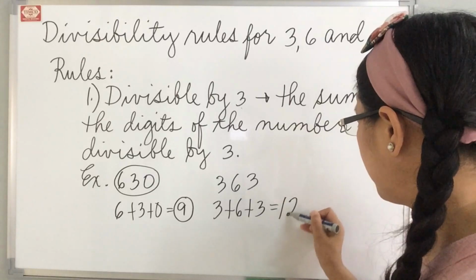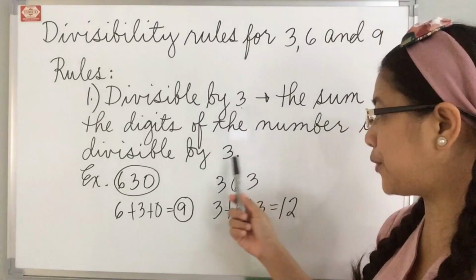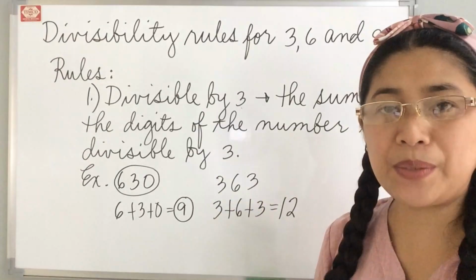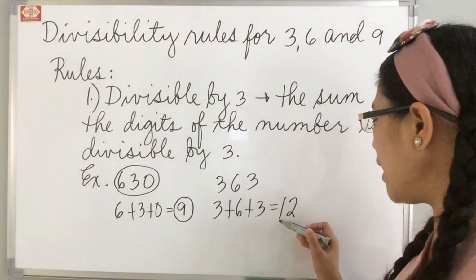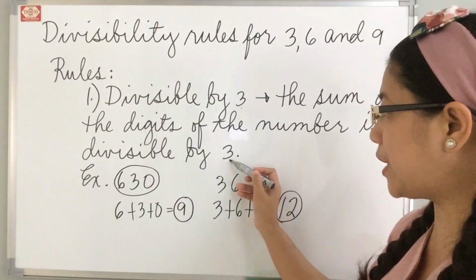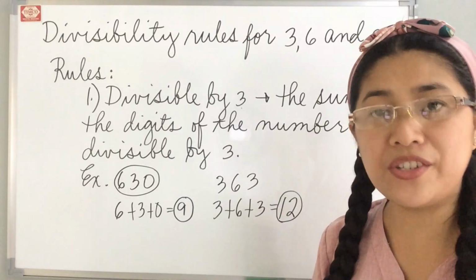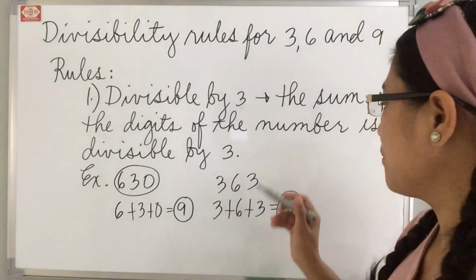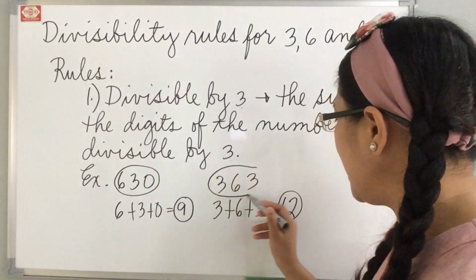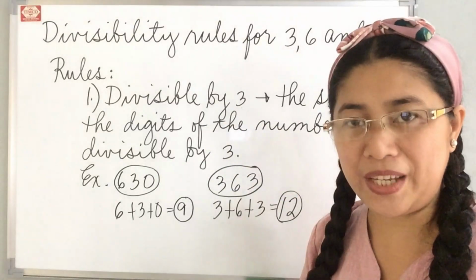Now, can we divide 12 by 3 without remainder in the quotient? Yes, because 12 divided by 3 is equal to 4. So there is no remainder in the quotient. Therefore, this number, 363, is divisible by 3.